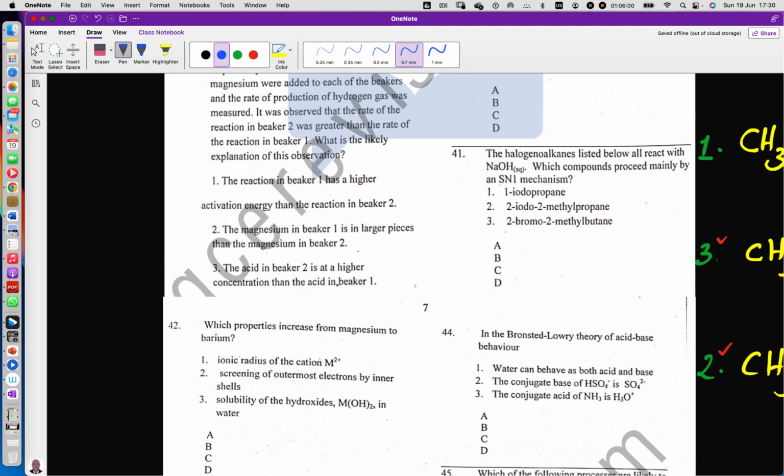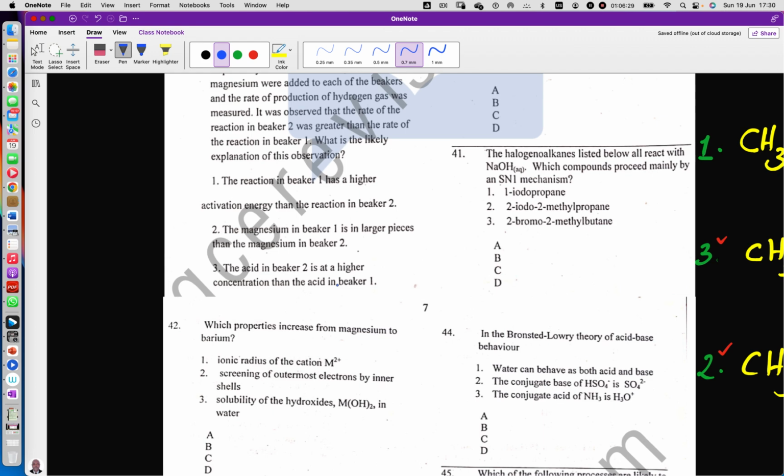That is, only one reagent is involved in the rate determining step. In this type of reaction, we have 1-iodopropane, 2-methylpropane, and 2-bromo-2-methylbutane.